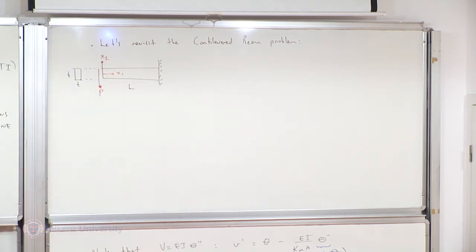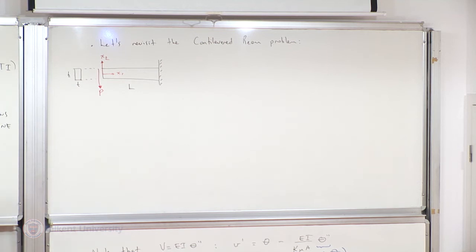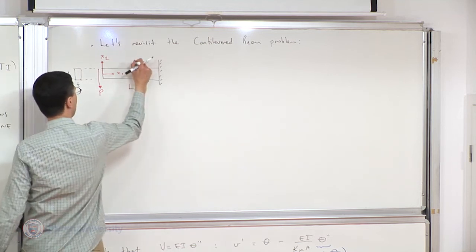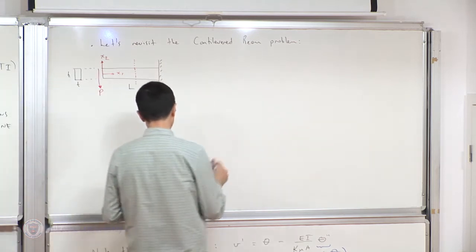So we have the vertical load, length L, cross-section as denoted. What I'm going to do is also take a cross-section over here and indicate the free body diagram on the right.